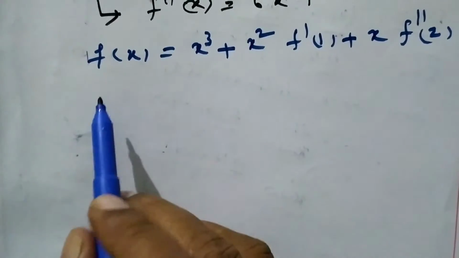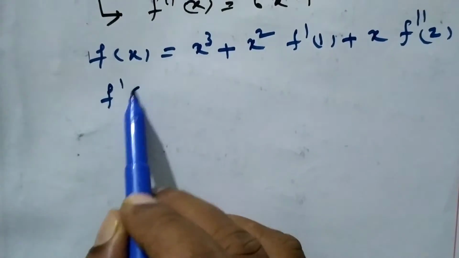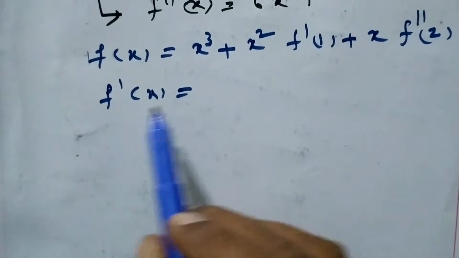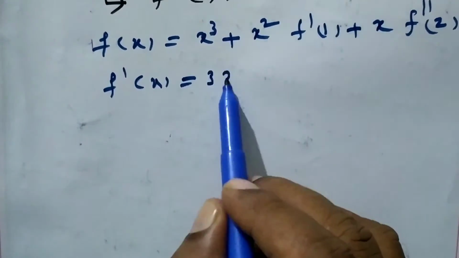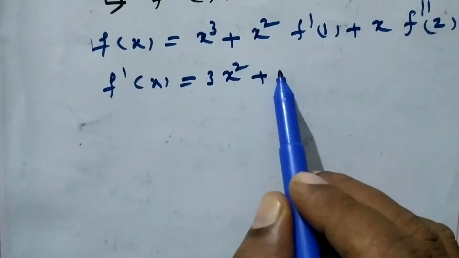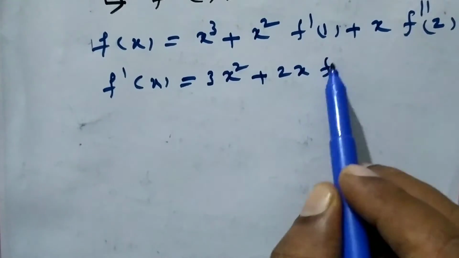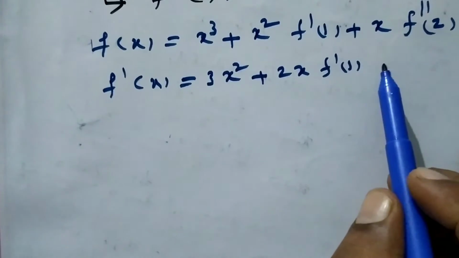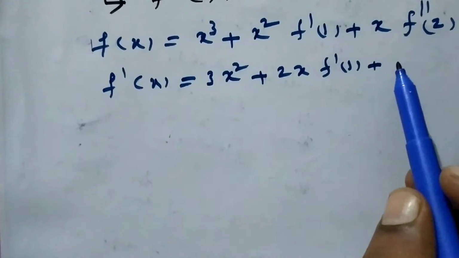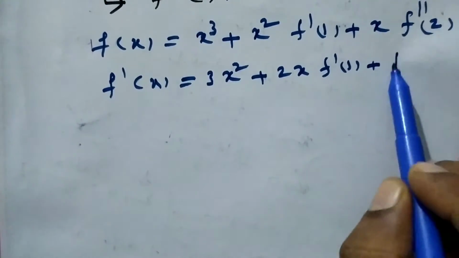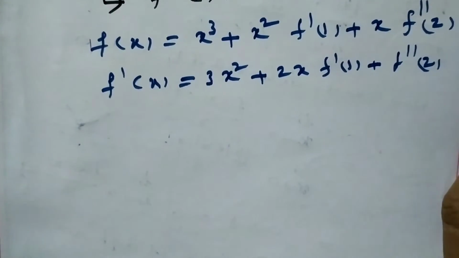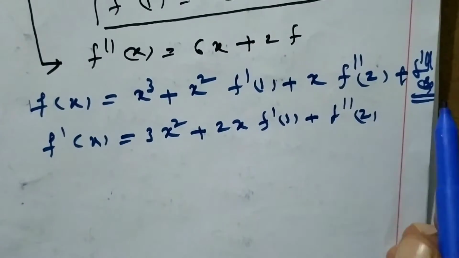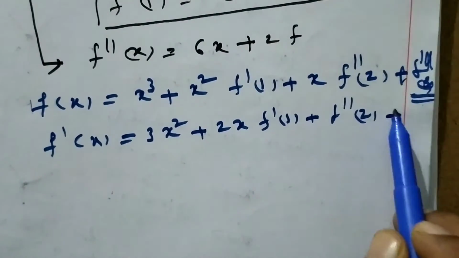Suppose we differentiate the given parent equation with respect to x. We get f'(x) = 3x² + 2x f'(1) + f''(2), and f'''(3) is a constant, so it will be cancelled, that is 0.